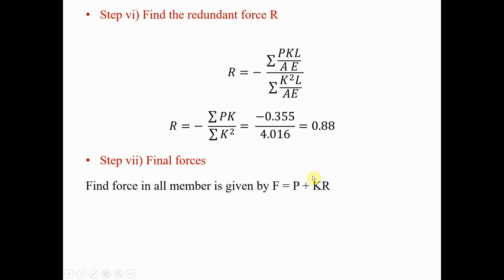When you multiply it with all the K forces, which we found for only unit forces, we get the effect of redundancy here, and then we add all the P forces for the external applied load. When you take the summation of this whole effect, we get the final force in the member of the redundant truss. Like this we can carry out the analysis of redundant trusses. Thank you.